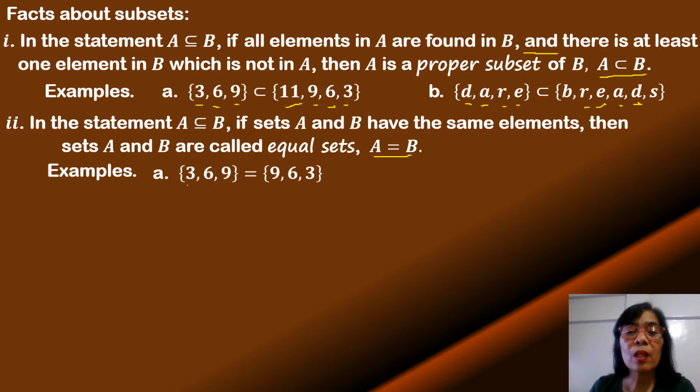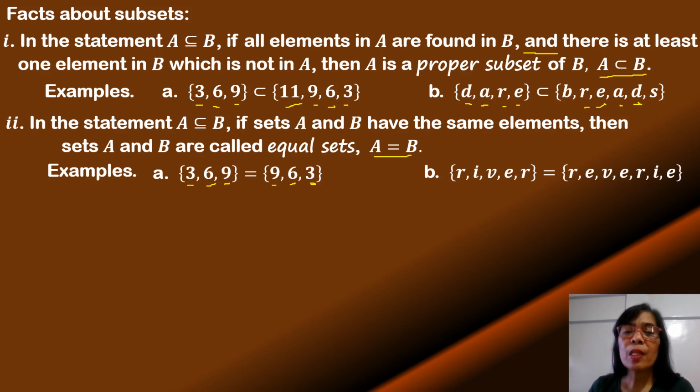Okay, so each of the elements in the first set is also found in the second set, 3, 6, 9. And all elements in the second set are also found in the first set. We have here a set containing the elements R, I, V, E, and R. It is equal to the set containing the elements R, E, V, E, R, I, E, or the letters in the word reverie.